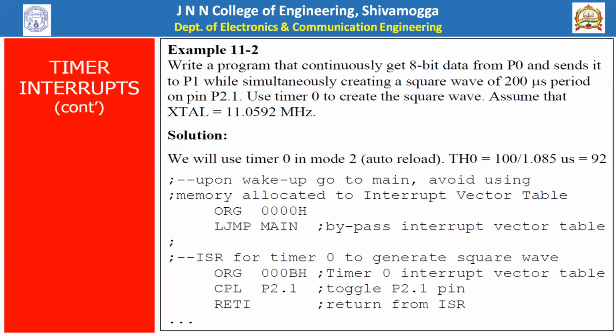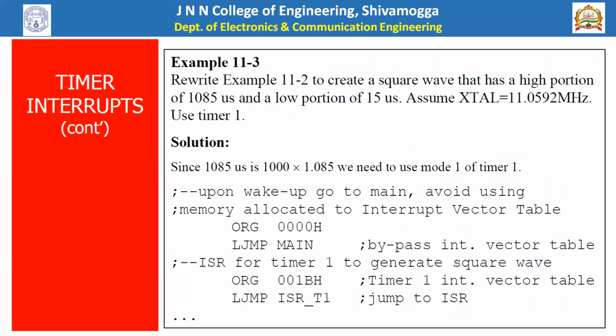Generation of the square wave on P2.1 is the job handled by the interrupt. Reading port 0 and writing it on port 1 is the normal job taken care of by the main program. So this is the concept which has been demonstrated.